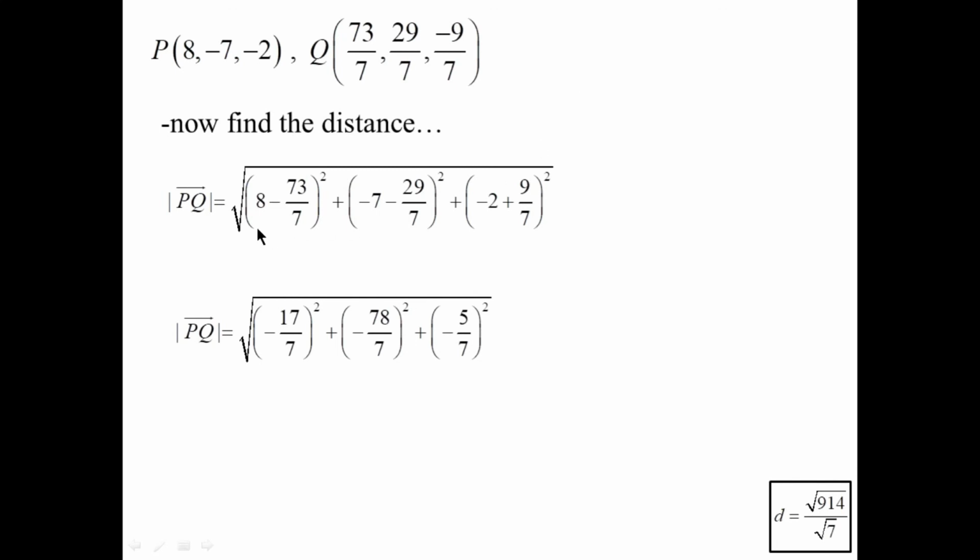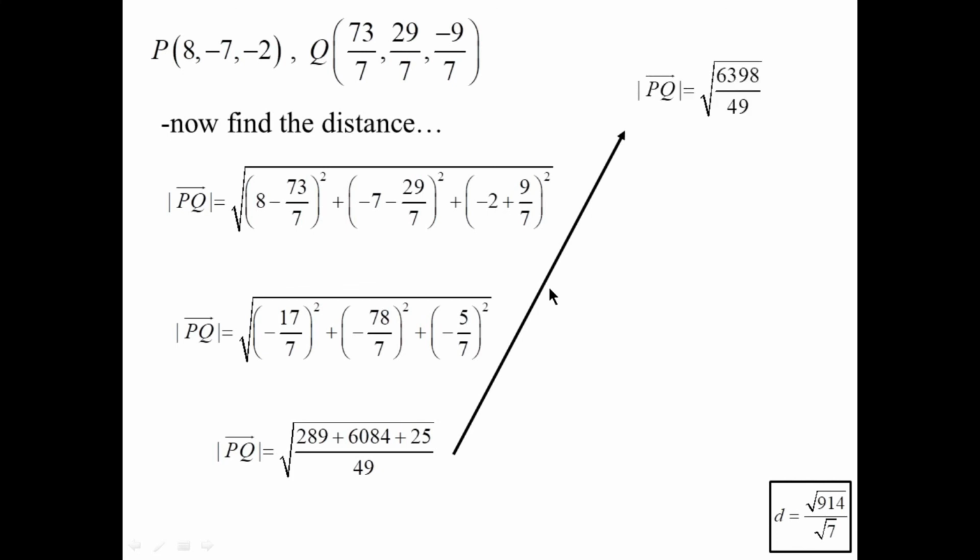I perform the operation of addition and subtraction of fractions first, squaring top and bottom in each case, adding the fractions under the radical, and then reducing the fraction. And we see that, yes, we got the same distance, of course, with the added benefit being that we know the point on the line that's closest to the external point.